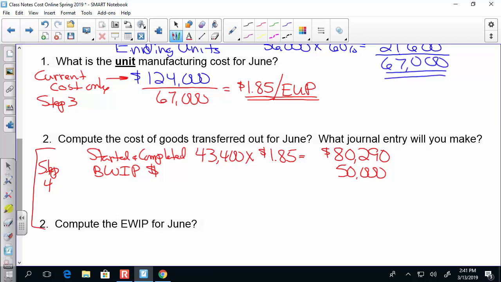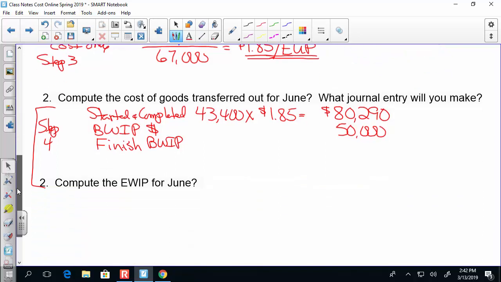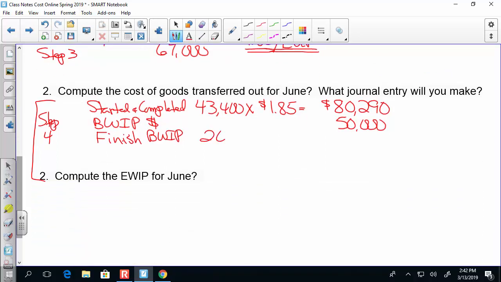So just kind of think of the flow. And then remember, we had to finish those beginning WIP units. And the amount of effort that we used to finish that was 2,000, right? So 2,000 equivalent units of production times the $1.85 gives us $3,700.